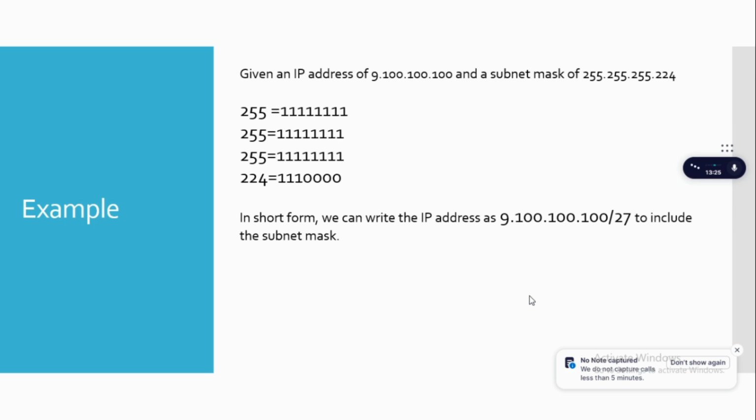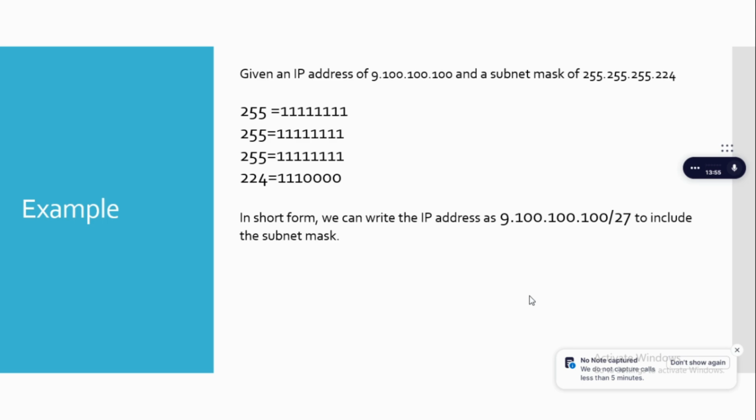So how is the 27 gotten? The 27 is simply gotten by adding the different ones that are in the subnet mask. So if you look at this example, we have eight ones times three plus three ones, which gives us a total of 27 ones.